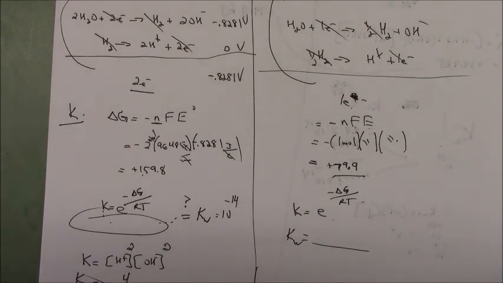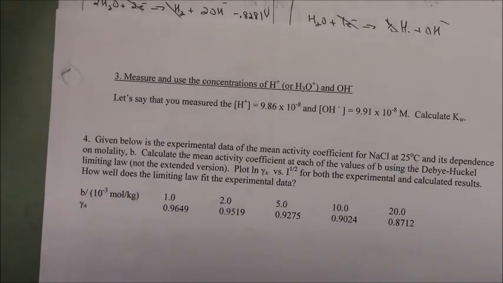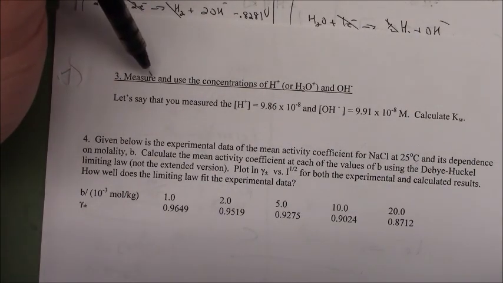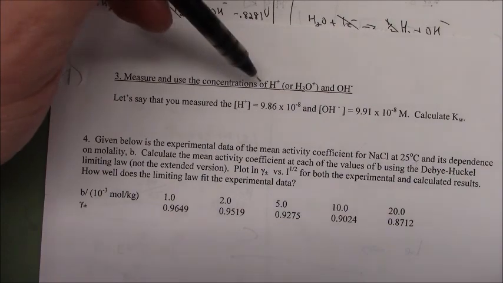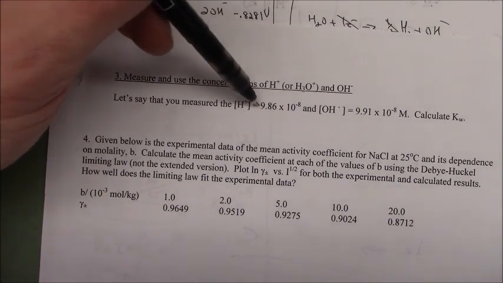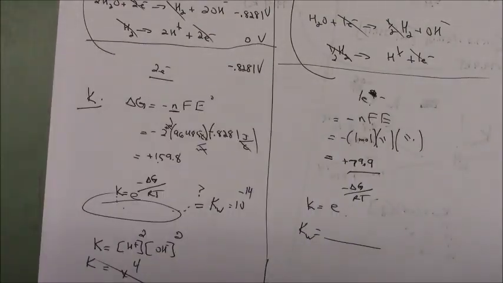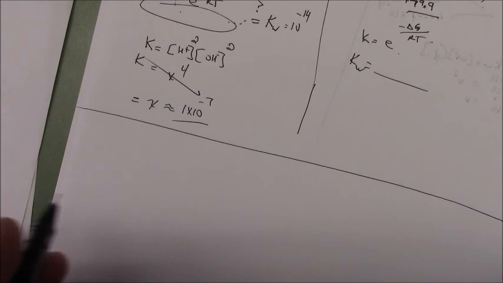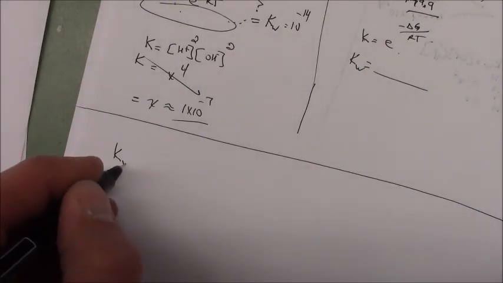And then the last one here says, the third thing, measure and use. So this is simple. This is just basically saying, what if you were to measure the concentrations and calculate KW?